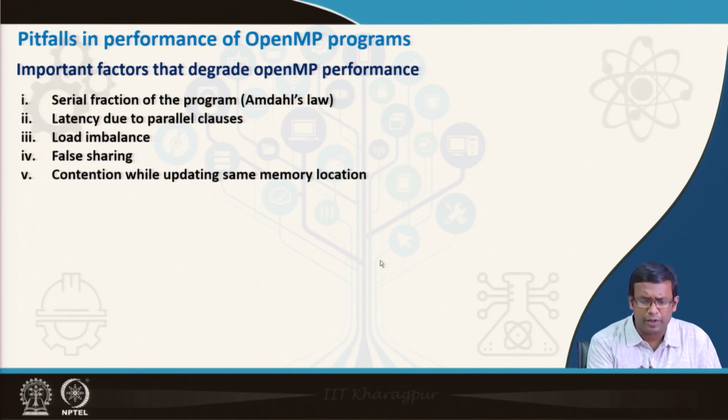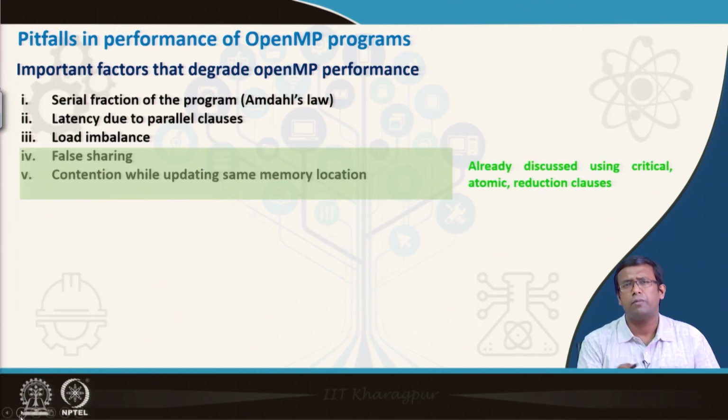In this case, when multiple processors are trying to write to the same memory location, we know that reduction type of operations or atomic operations are helpful. So these issues we have already discussed, that both false sharing and contention can be avoided using critical or atomic constructs, using reduction clauses, etc.